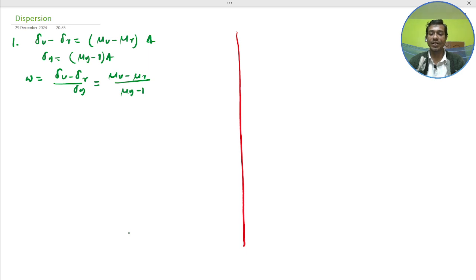Next one, dispersion without deviation and deviation without dispersion.